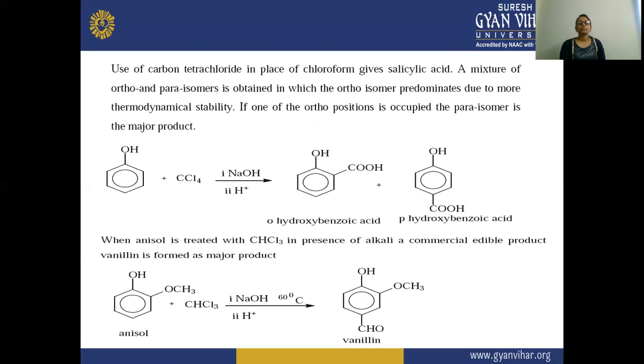When we are treating it with chloroform in the presence of sodium hydroxide at 60 degrees centigrade, there is a formation of vanillin, and vanillin is an edible product which is used in various bakery products and in various industries, and it also acts as a flavoring agent.